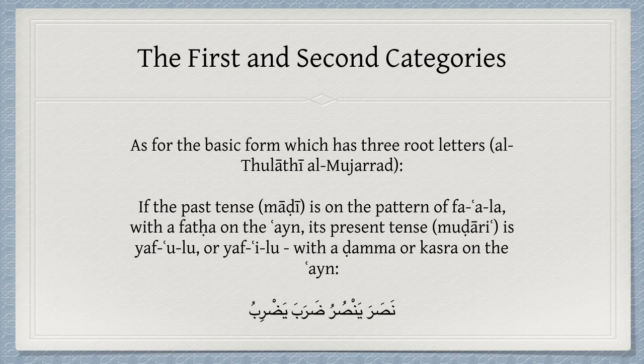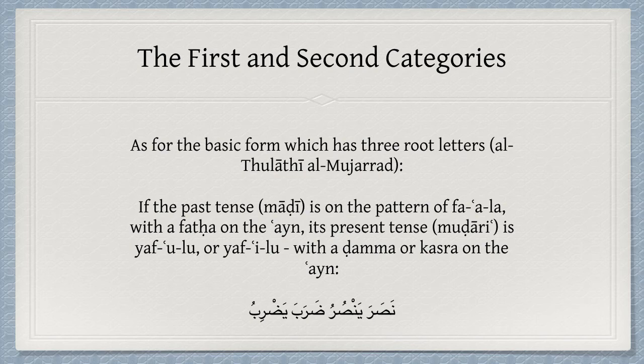It's saying that the first category is fathu dhammin. In the past there's a fatha, in the present there's a dhamma. So you just put number 1, past, present. In number 1, past there's a fatha, present there's a dhamma.